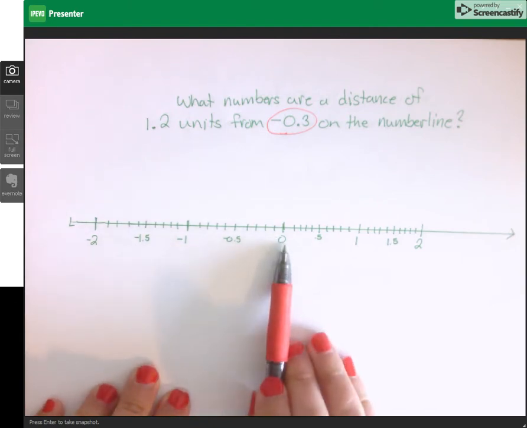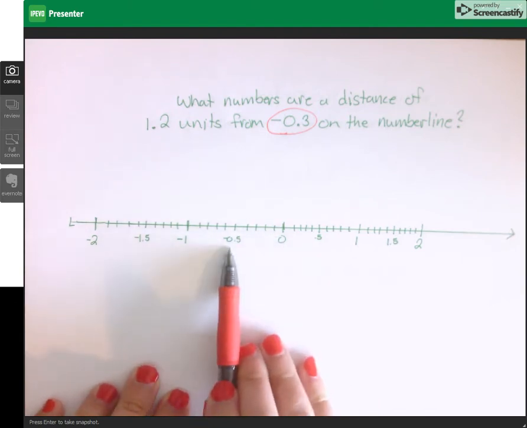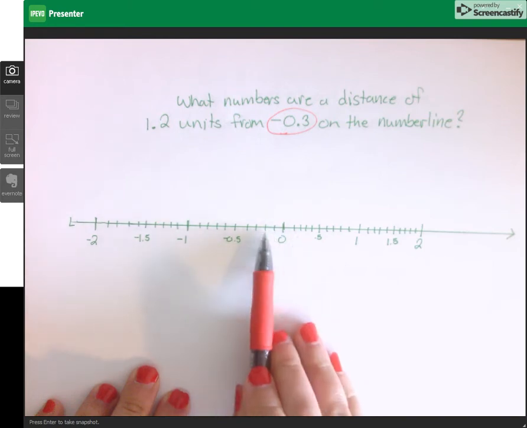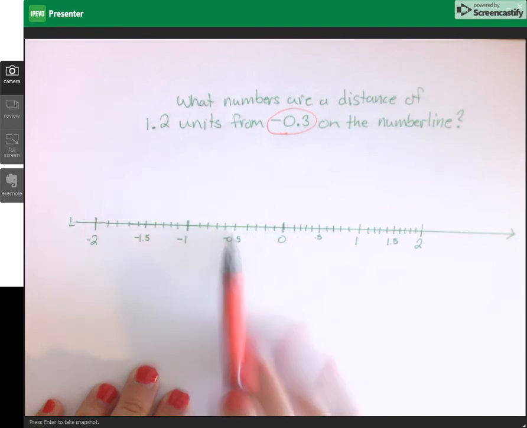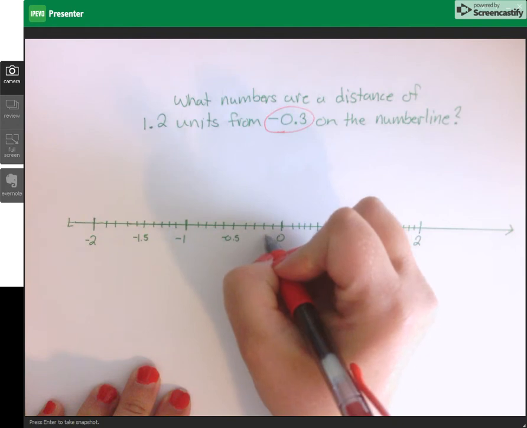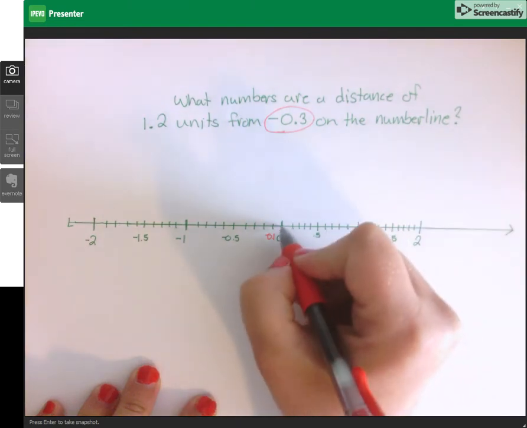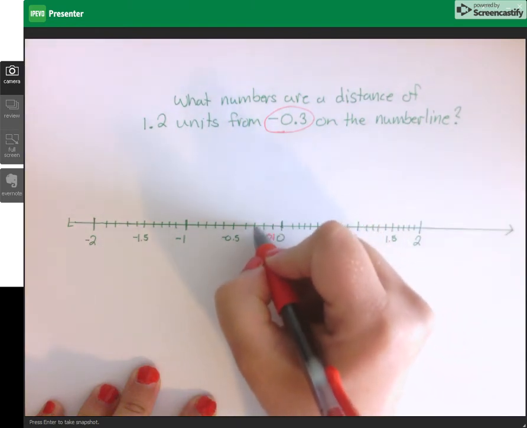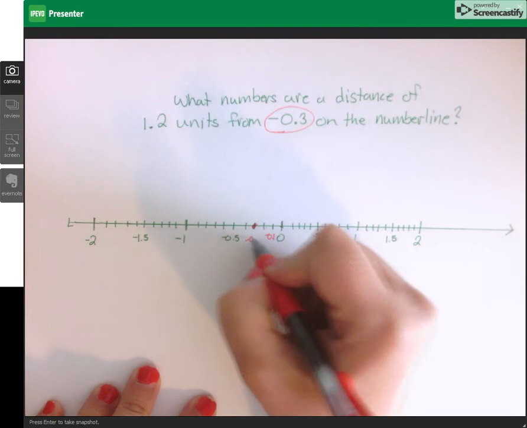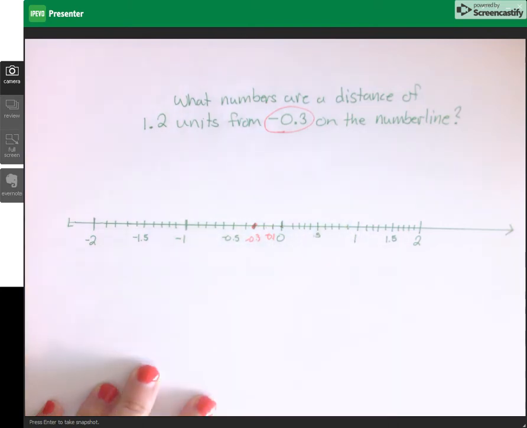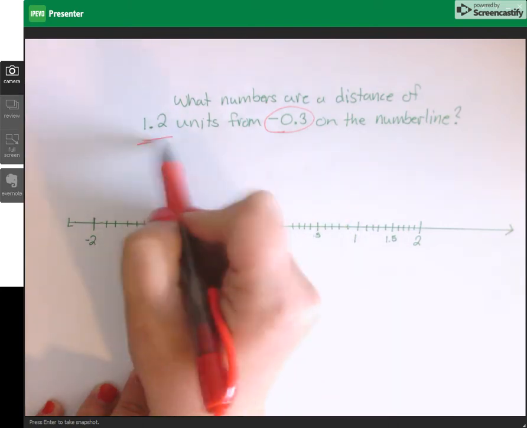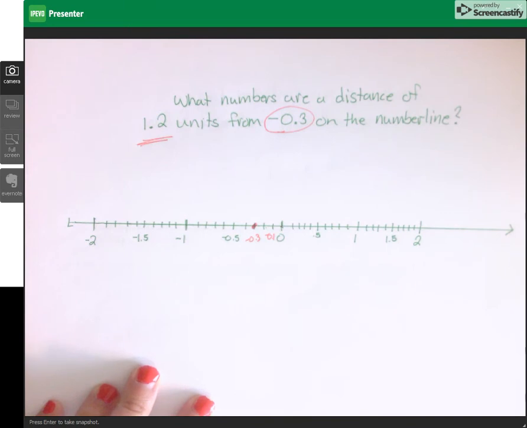Well, to go from 0 to negative 0.5, I have 5 tick marks. 1, 2, 3, 4, 5. So each tick mark here represents negative 0.1. So if I want to go to negative 0.3 from 0, I'm going to go 1, 2, 3. So here is negative 0.3. So now we want to go 1.2 units in both directions from negative 0.3.